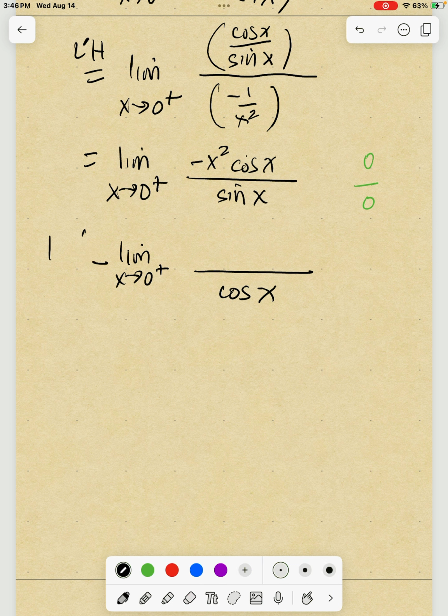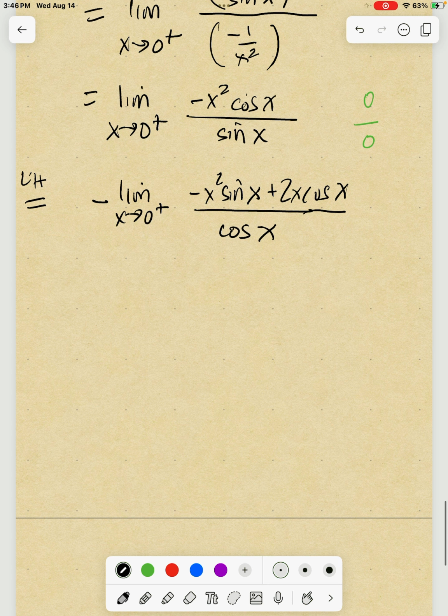This is equal to, by L'Hopital's rule, negative the limit of x squared, well, I have to take the derivative. So I have x squared times negative sine x, and then plus 2x times cosine x. That's the product rule.